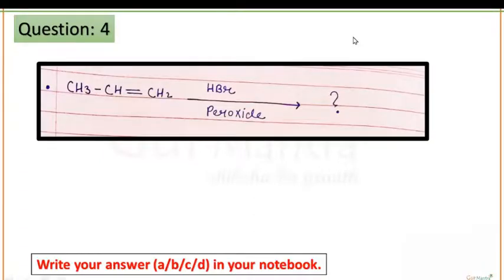Next question. You have given an alkene, and this alkene when reacted with HBr in presence of peroxide, then what product will be formed? Do this question quickly.